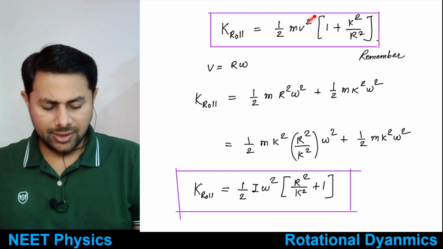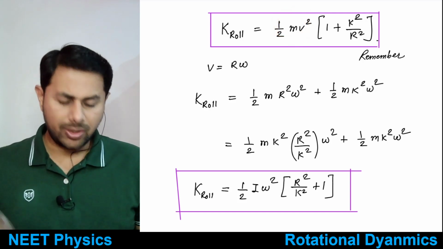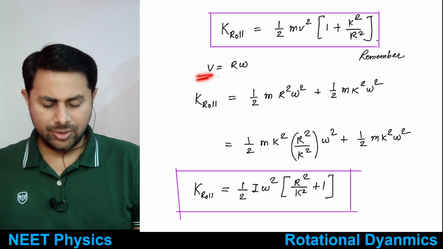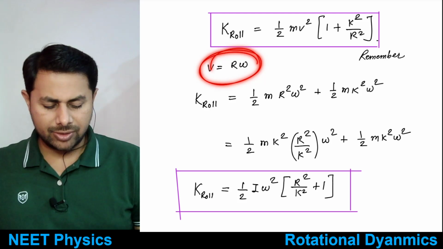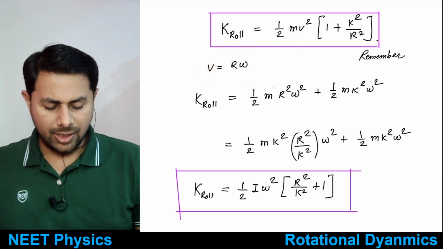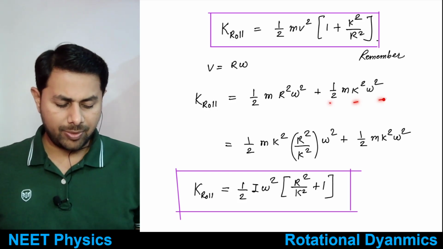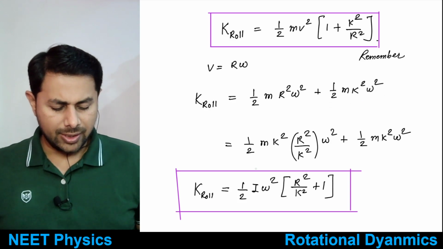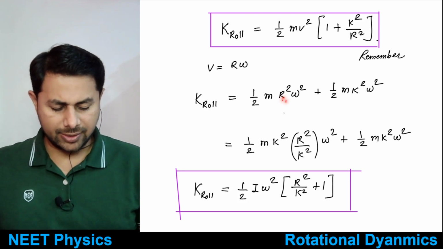And then this is in terms of kinetic energy of linear motion. If you want it in terms of kinetic energy of rotational motion, what you can do is substitute v is equal to r times omega, okay? So just substitute v equals r times omega over here. So what do you get? It is half of m r square omega square, okay, plus half of mk square omega square. And then once again what you can do is multiply and divide the first term by k square, okay?